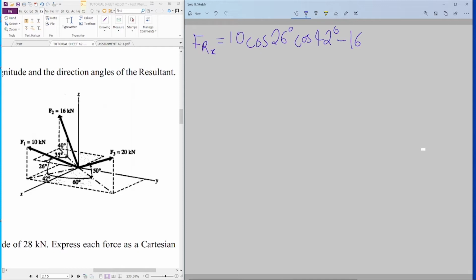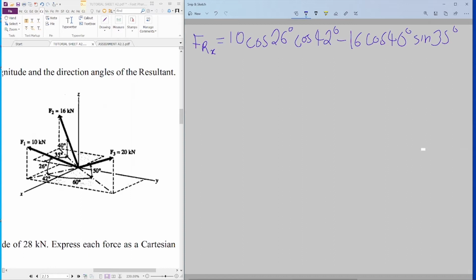I've been given 35 degrees, so it's sine 35, and to find the F2 prime, it's cos 40, and then I do the sine 35. So I have 16 times cos 40 degrees multiplied by sine 35 degrees.